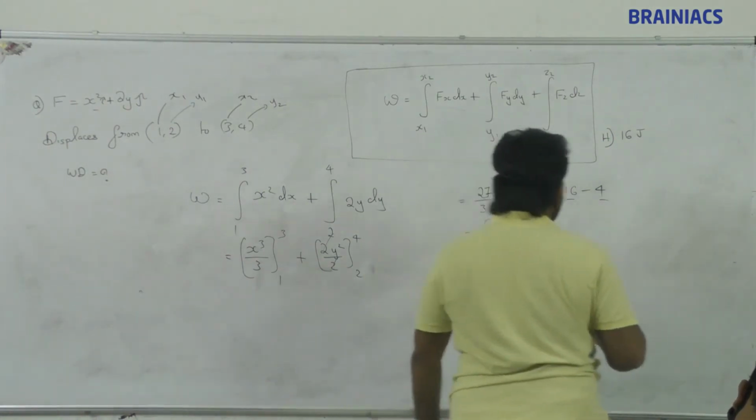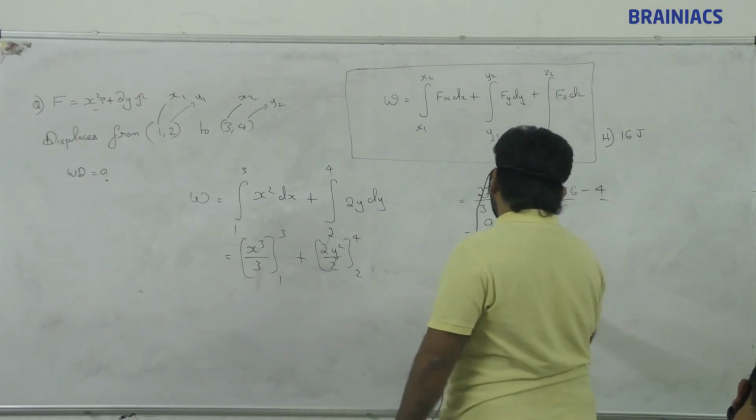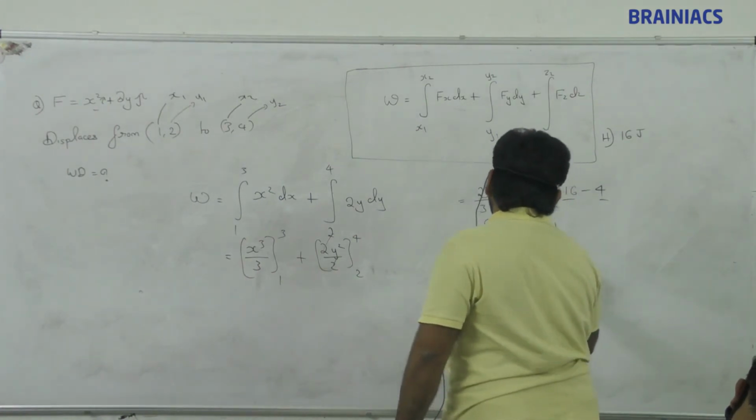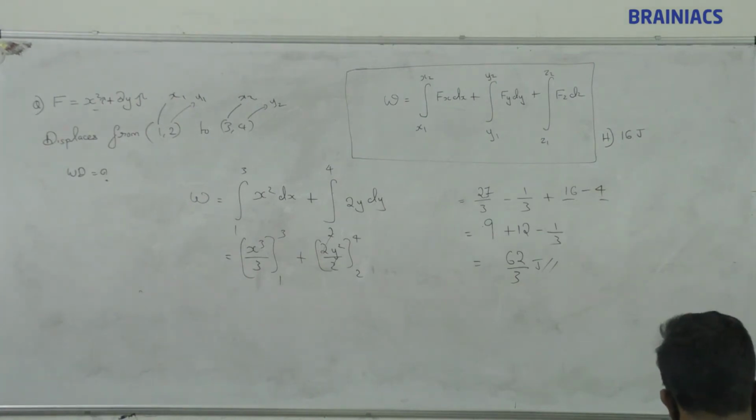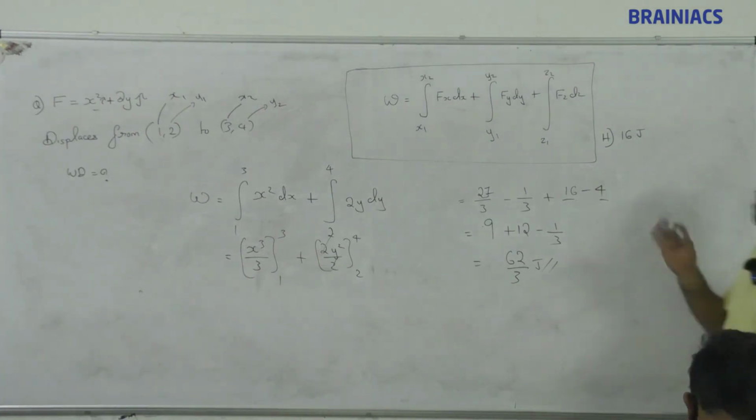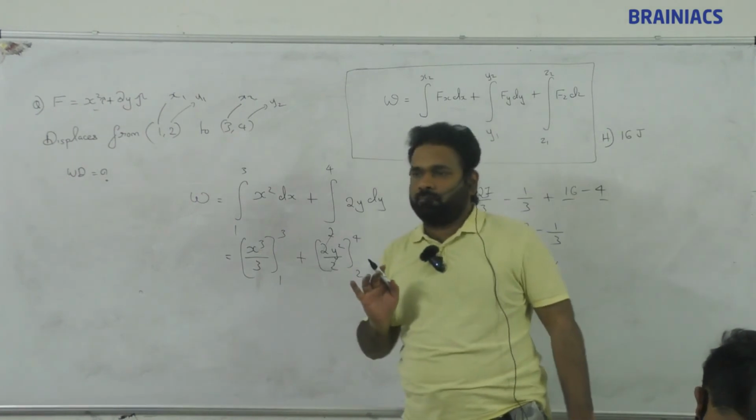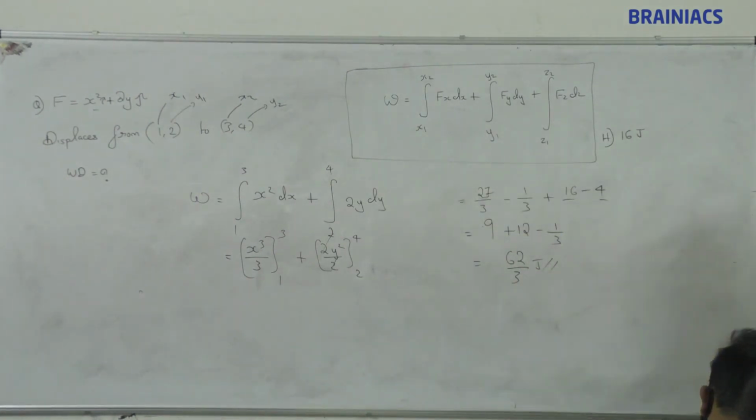Simplifying this, we get 62 by 3. So this is the answer for this question. Whenever we get variable force, it is easy: put the limits, integrate it, get the answer. Correct? Done?